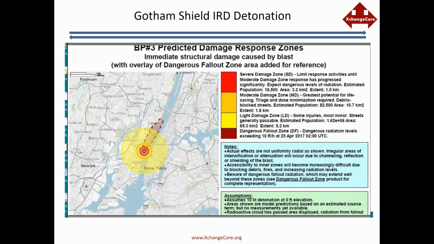And then the little red plume that's up there is the first indication of wind direction. As we'll see later, it ended up pushing hazardous radiological particles up into the Hudson River Valley.